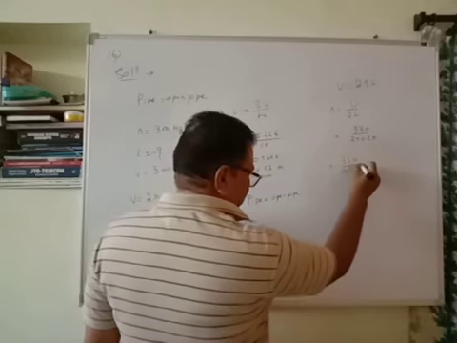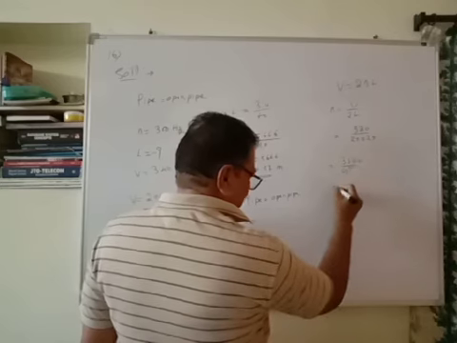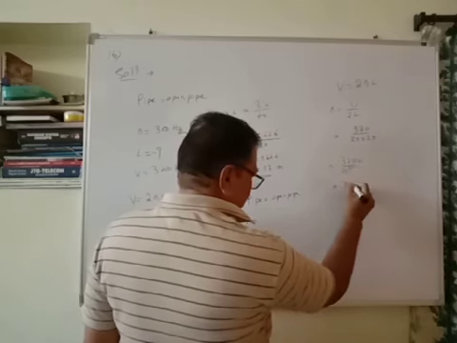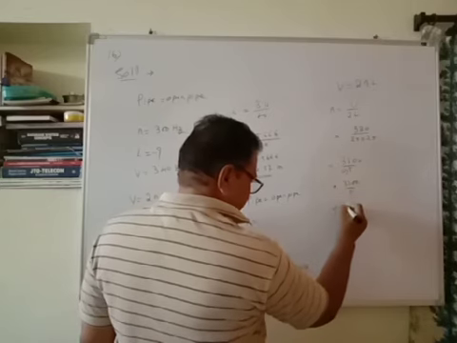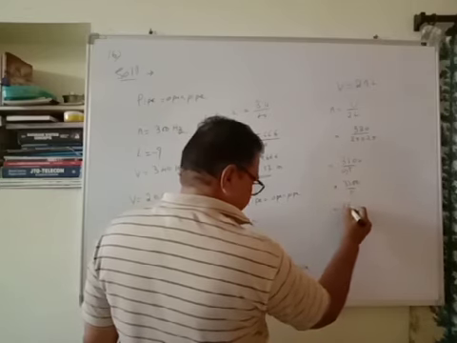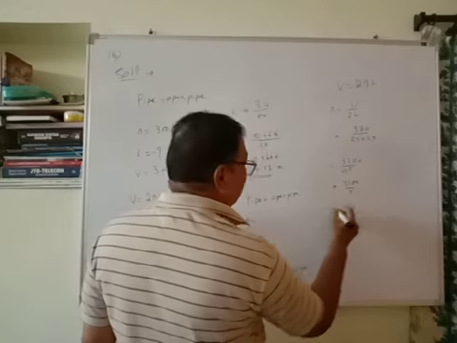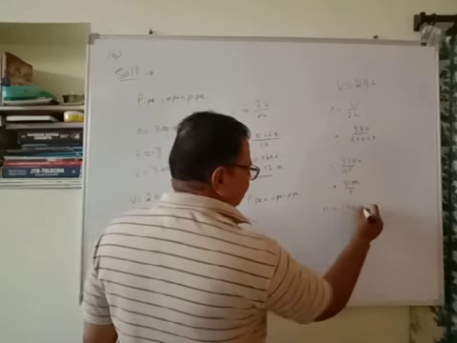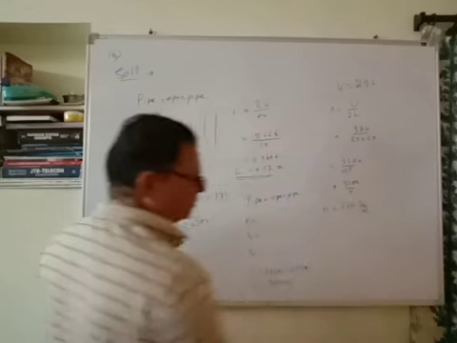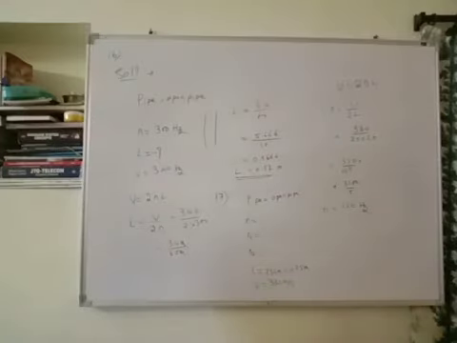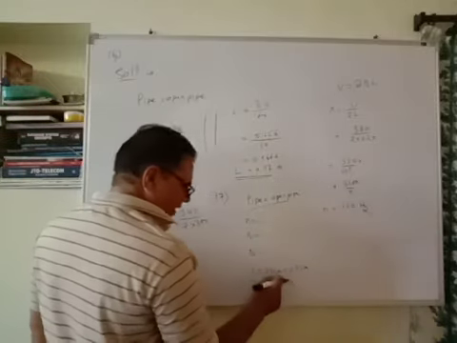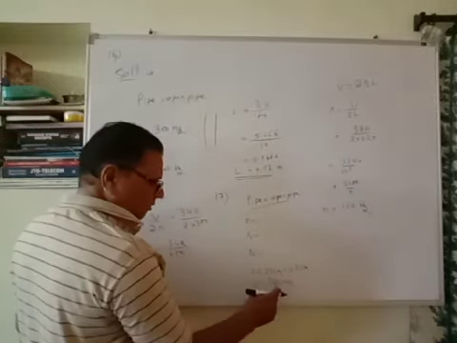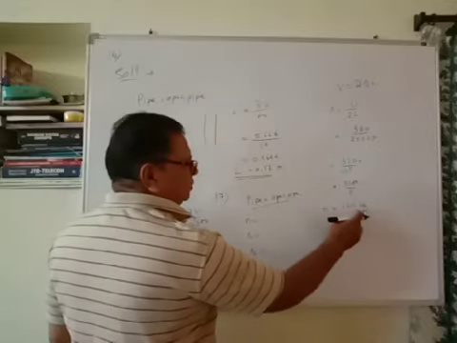The point gets cancelled, we get 3300 divided by 5. 6 5 are 30, 6 5 are 30. So the frequency N is equal to 660 Hertz. The fundamental frequency of vibration of the open pipe of length 25 centimeter is 660.